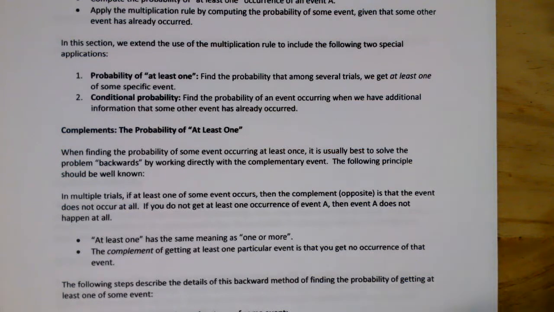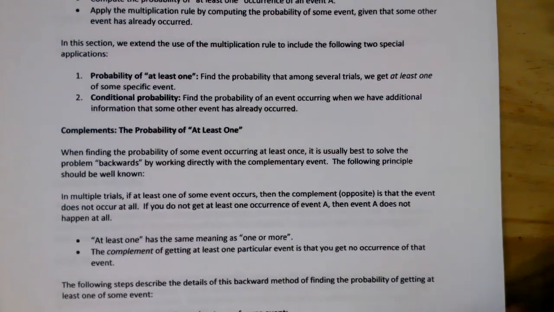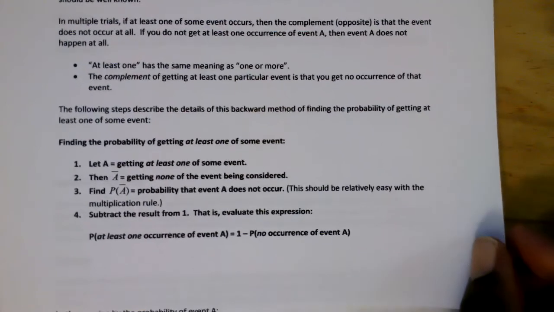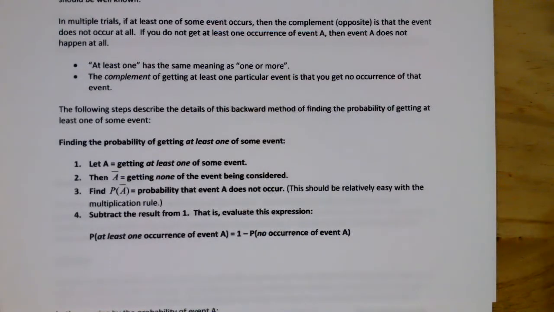Okay, so here are the following steps that detail this backward method of finding the probability of getting at least one of some event. Okay, so first we let A be getting at least one of some event. Then A complement would be getting none of the event being considered.